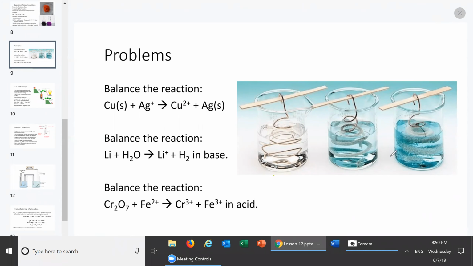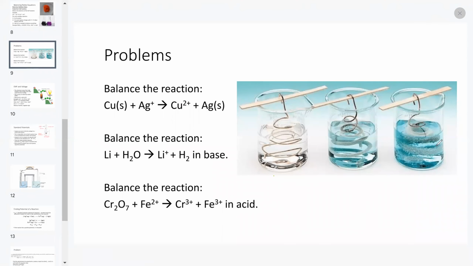So what you see is that this copper wire gets covered in these beautiful silver crystals over time, and the solution turns from colorless to blue. And this experiment is also sometimes known as Diana's tree. So Diana, the goddess of the moon, because silver is associated with the moon. Okay, interesting.